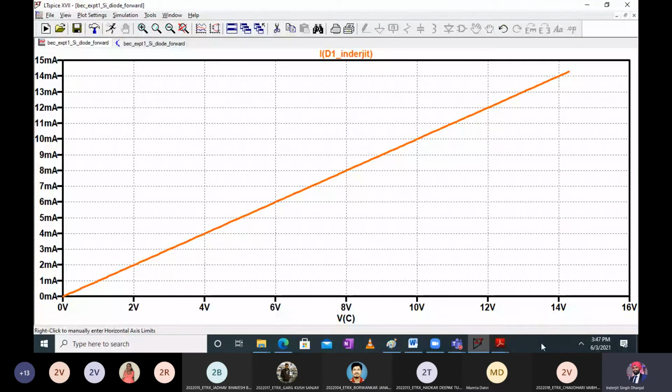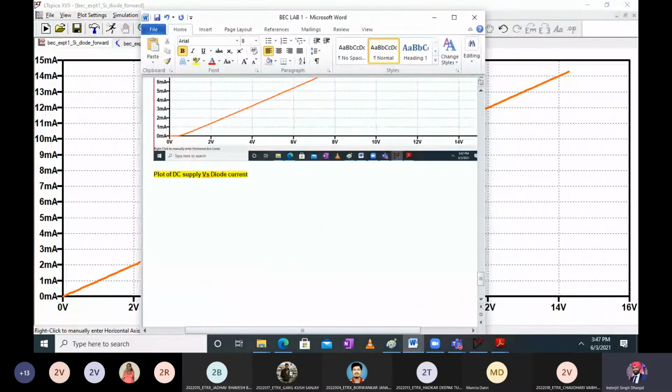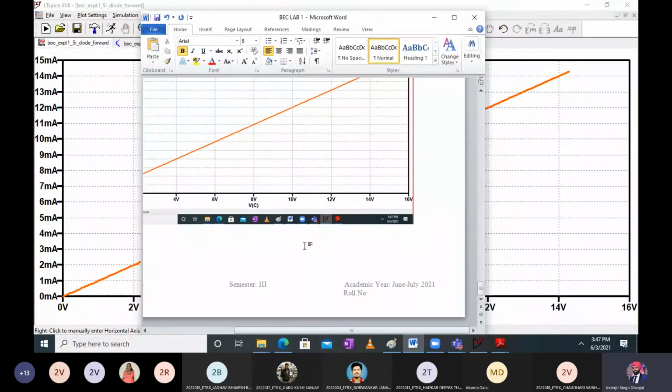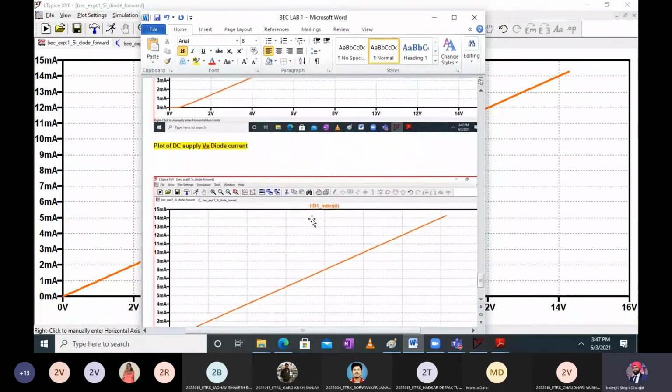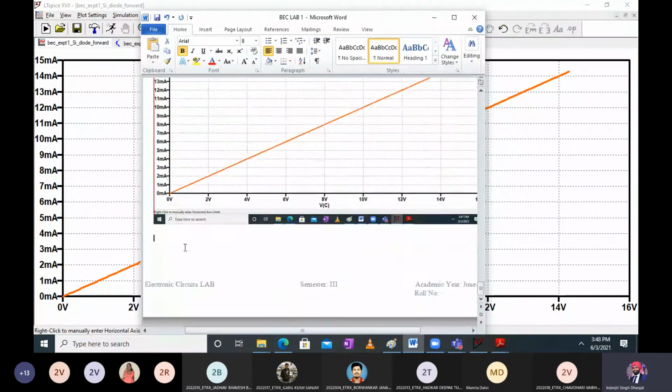It is correct. Here again take a print screen and attach it at the end of the document, and write over there: plot of VR1 versus diode current.